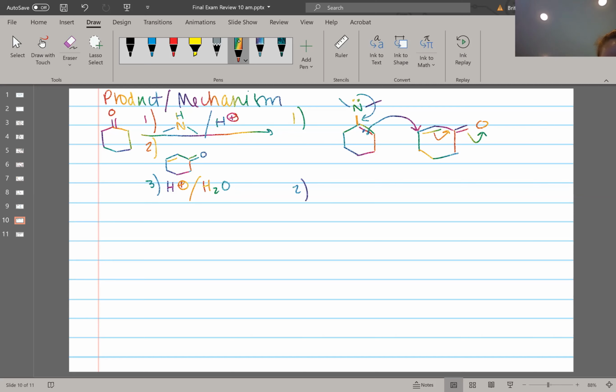The end product here for step 2 is going to be this iminium. This would be the bond that was just formed, and it's going to be attached to the other 6-membered ring. This is going to be really ugly. I'm so sorry.